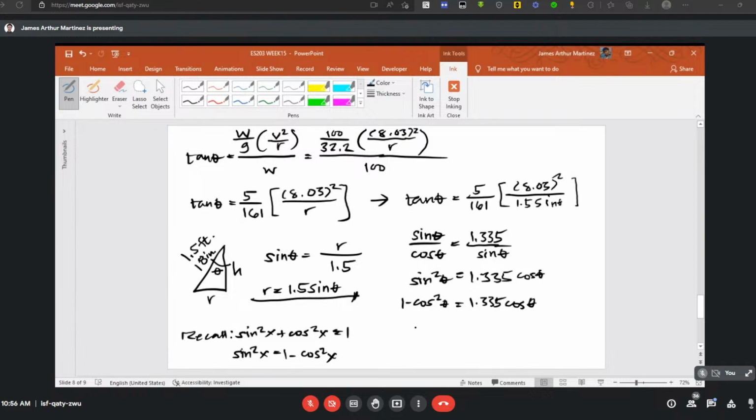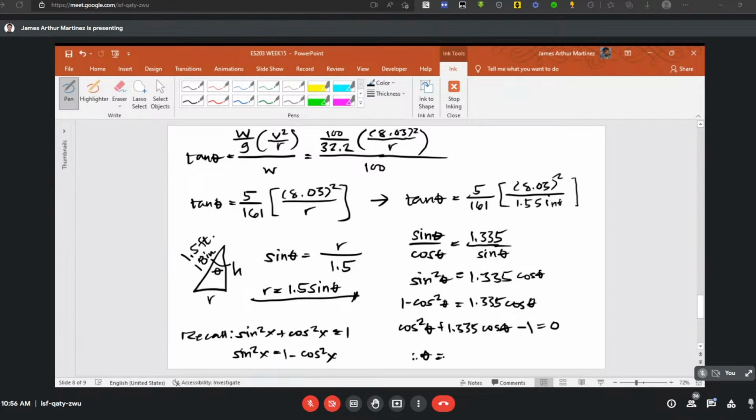And if I arrange this into the standard form of a quadratic equation, since this is quadratic, we have cosine squared theta plus 1.335 cosine theta minus 1 is equal to 0.